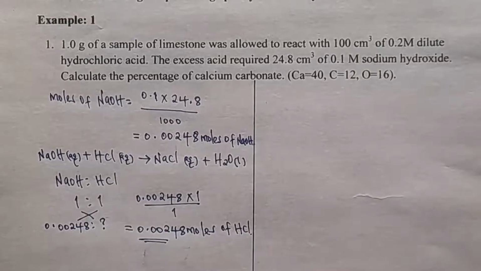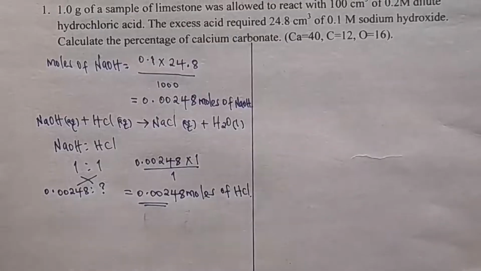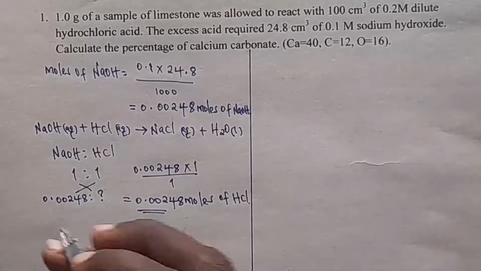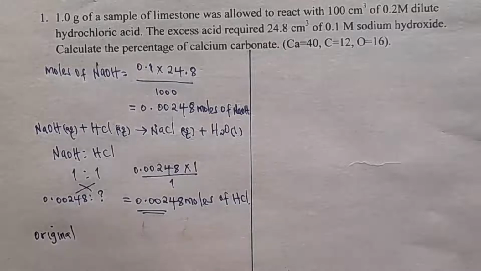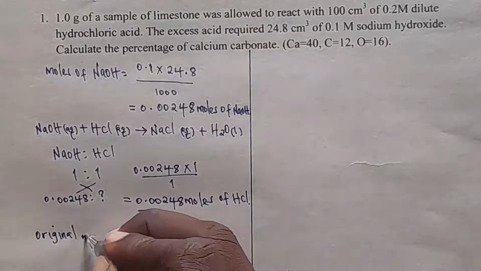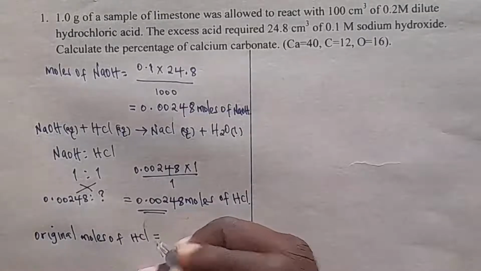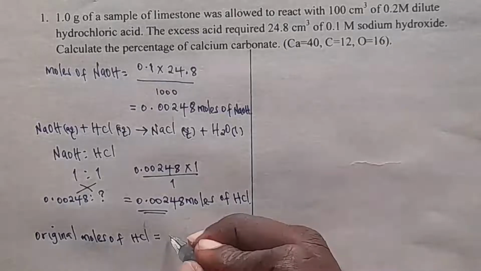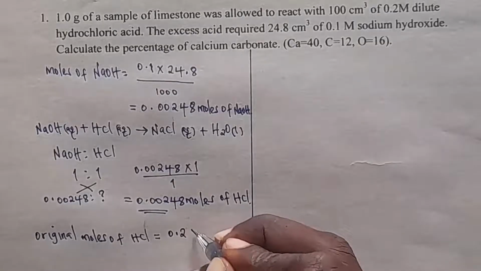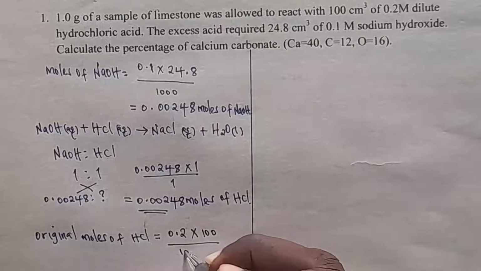So thereafter, the next step, we are supposed to get the original moles of hydrochloric acid. So how are we going to get the original moles? We can get the original moles of hydrochloric acid by having the molarity of dilute hydrochloric acid, which is 0.2, multiplied by the volume used, which is 100, and divided by 1000.